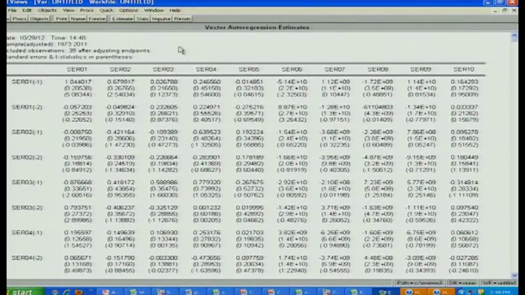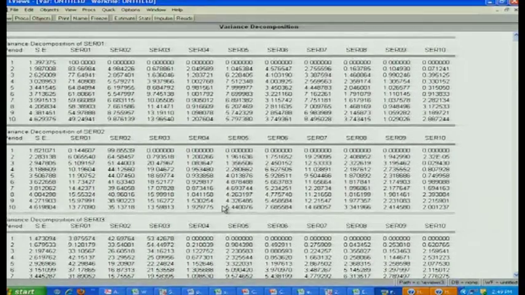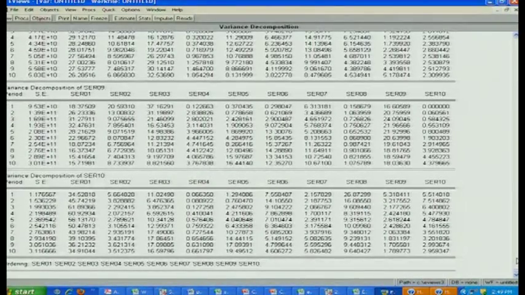These are the VAR results, impulse response, you have to click into variance decomposition, and you need a table, so you click OK. Because our interest is series 10, series 10 is the rupee dollar exchange rate.